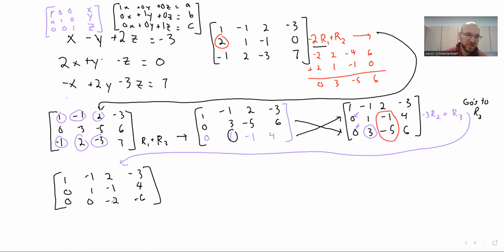Okay, one more thing to get to row echelon form. And I'll keep going to get to reduced in a second, but I need to turn this value right here into a +1. I think I'm going to do that by -2 times row 1 plus row 3.